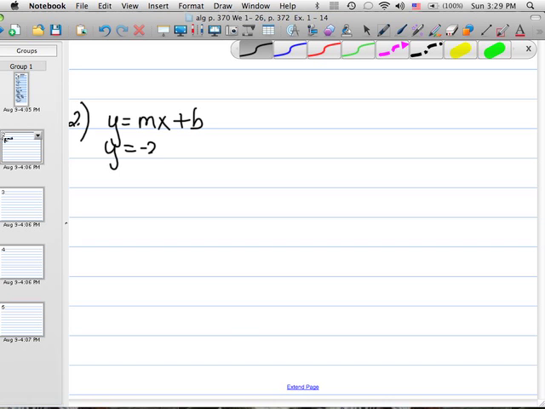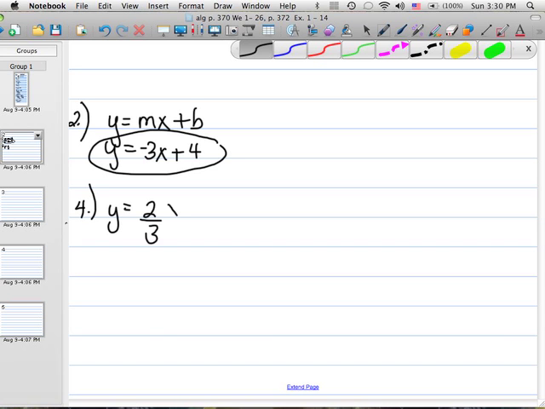Slope is negative 3, put in negative 3 for x, and the intercept is 4. And that's our answer. Number 4, the slope is 2/3, so 2/3 x, and the intercept is 9, plus 9.